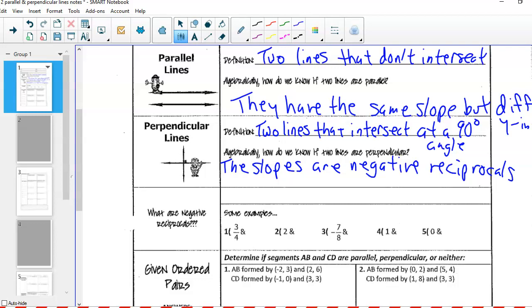And the y-intercepts could be the same or different. So we need to keep those two things in mind about parallel and perpendicular lines.